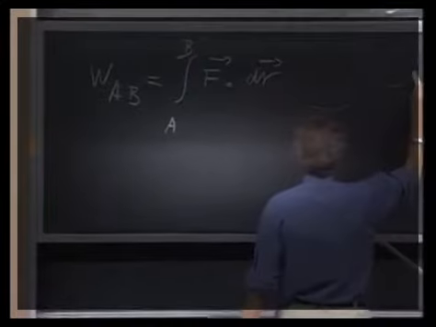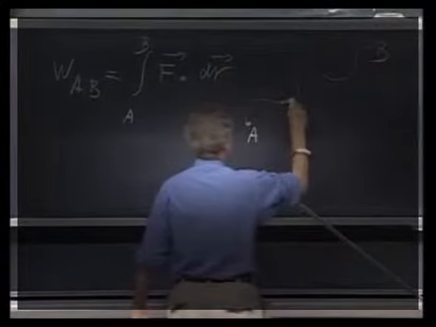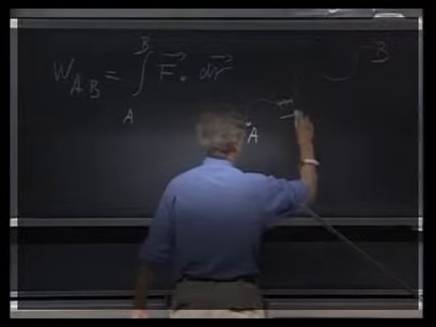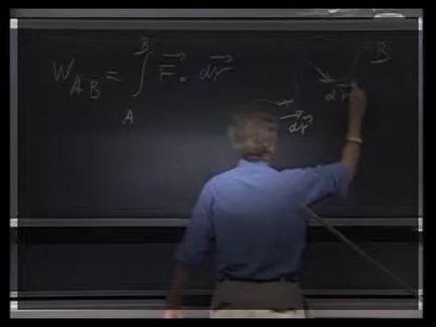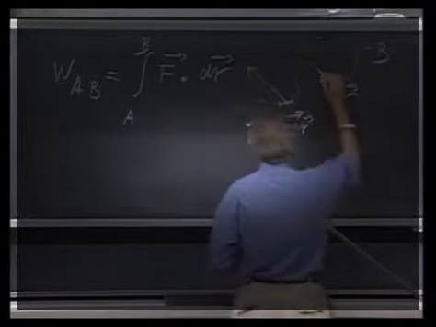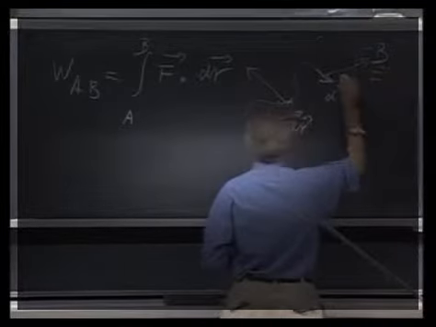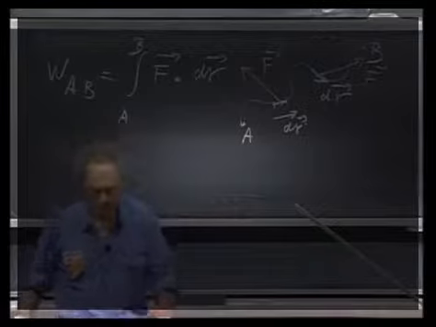So if this is from A to B, then if you go in this direction, this would be the little vector dr, and here that would be a little vector dr. And the force itself would be like this here, and the force would be like this there. The force can obviously change along this path.